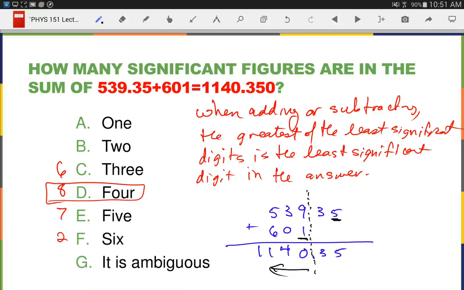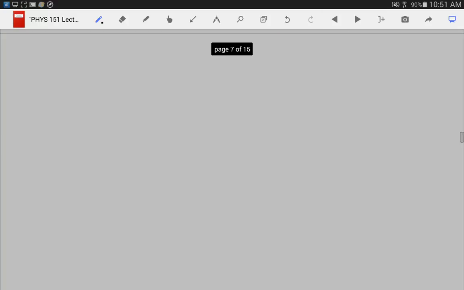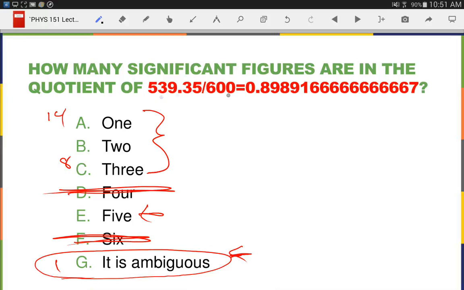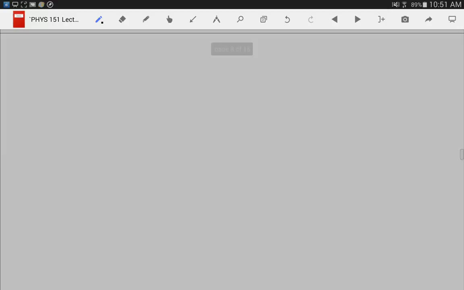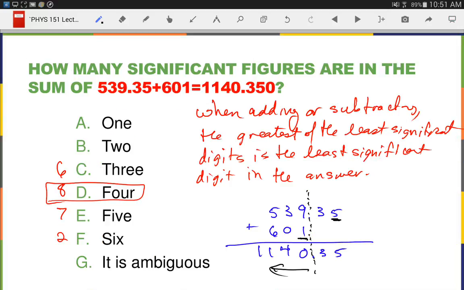Okay, so pulling from the last slide, if we didn't put a decimal, it would be ambiguous. This here, 600 without the decimal, was ambiguous. If it had a dot there, then this would have been the answer. But the next slide, I put extra digits on here to make sure that nobody thought that I was writing the limit.